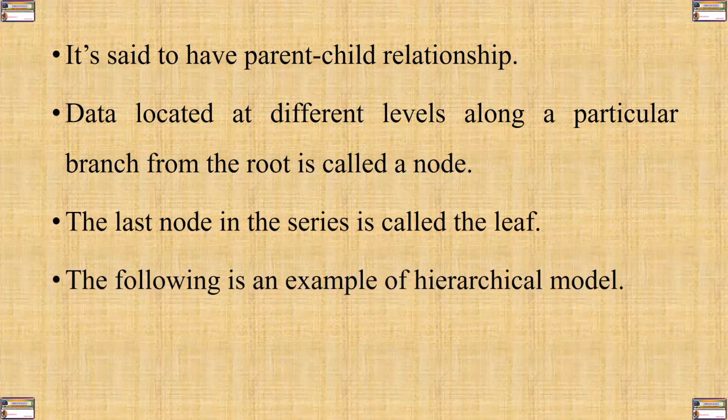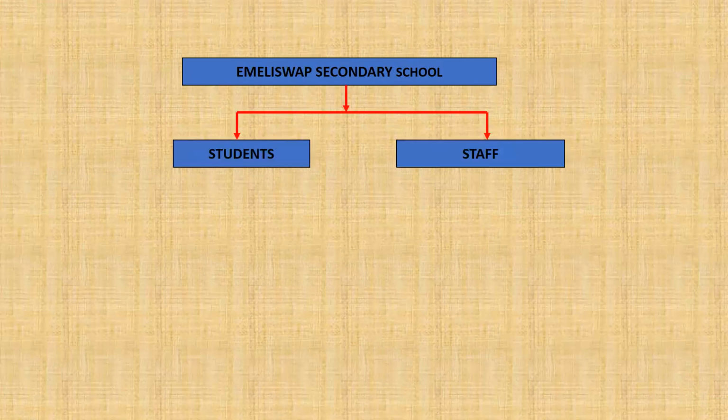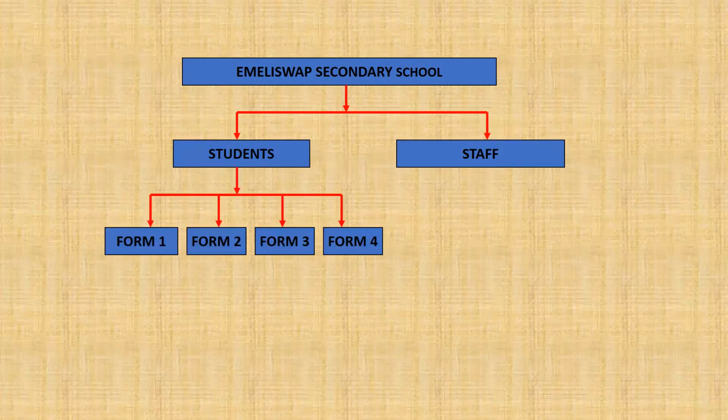The following is an example of a hierarchical model. In this case, we have a database called MLSWAP Secondary School. Under it, we have details for students and staff. So we have tables for students and tables for staff. The details concerning students can be further broken down into various classes, like Form 1, Form 2, Form 3, Form 4.